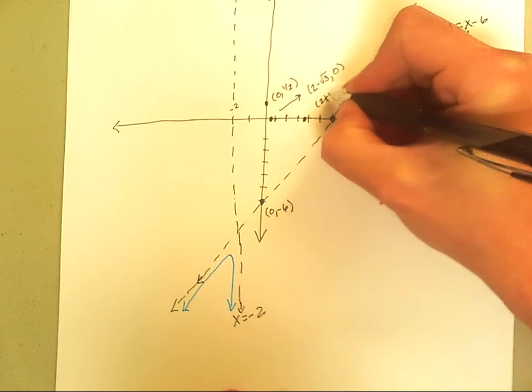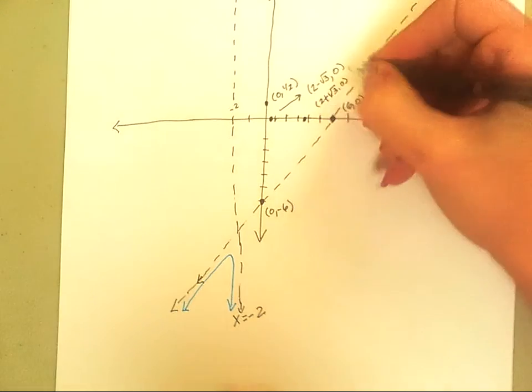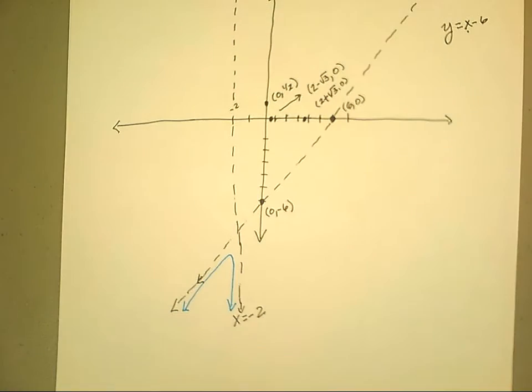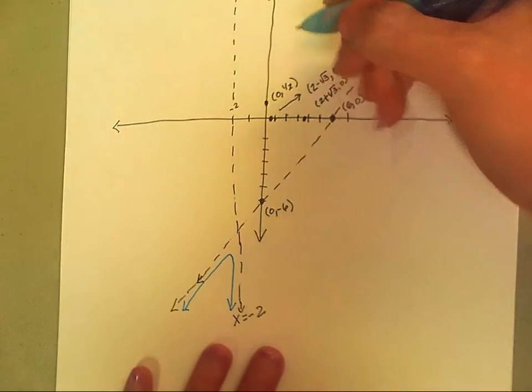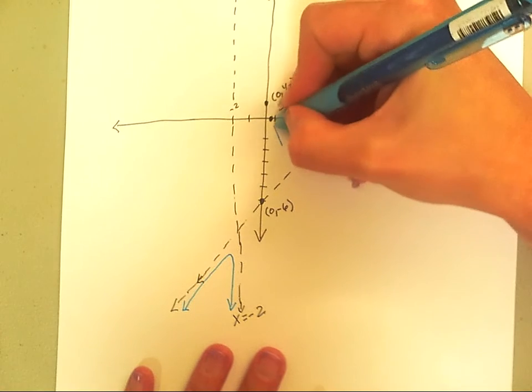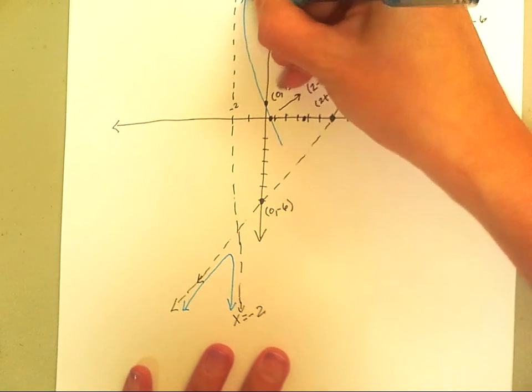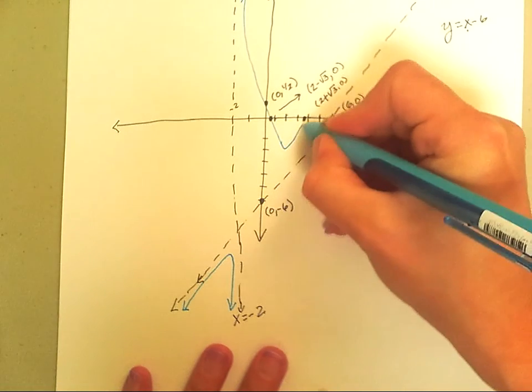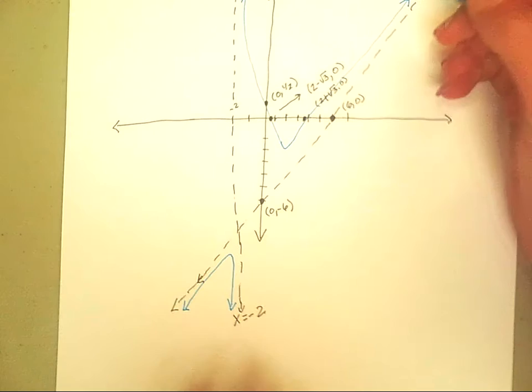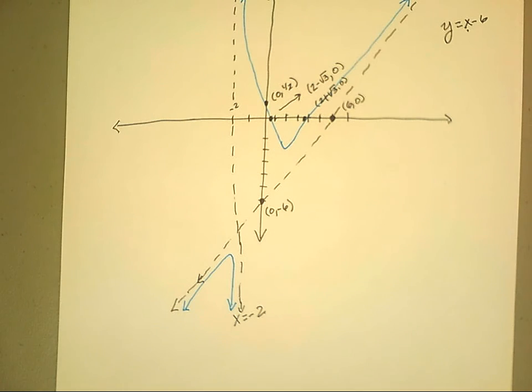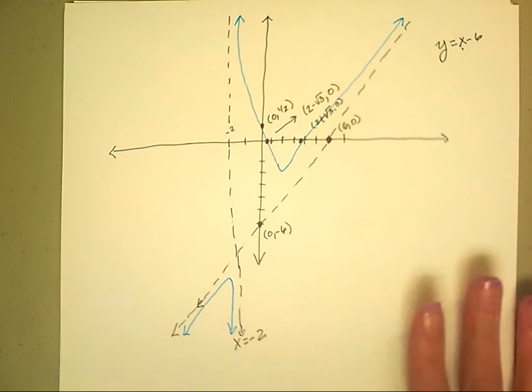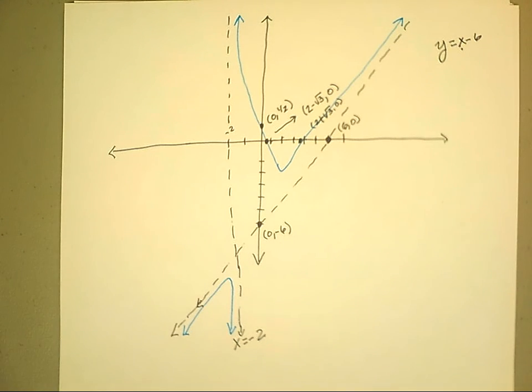So this is 2 plus square root of 3, comma 0. And now we'll just connect these dots. It's going to take off this way, come up this way. At some point in time, it's going to go over like this. So this is how we would graph one with a slant asymptote.